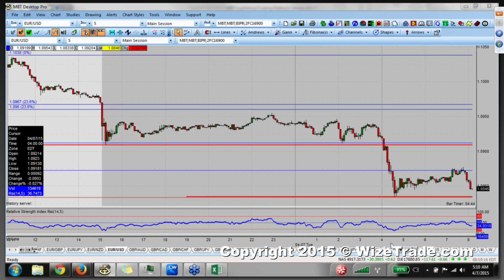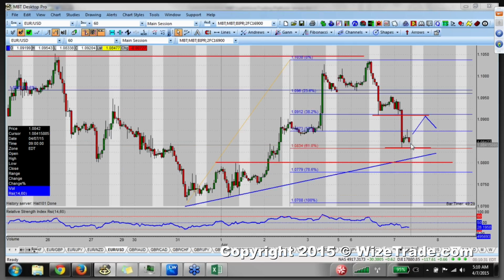Let's watch this euro dollar really quick. If you want to buy the euro dollar, this probably isn't a bad time to do it as we approach this support. Oh man, that euro pound just got demolished.